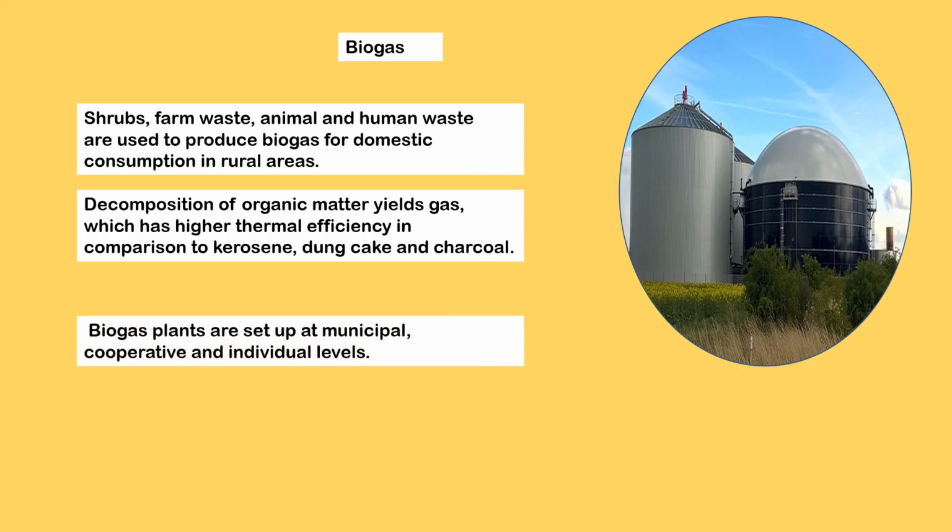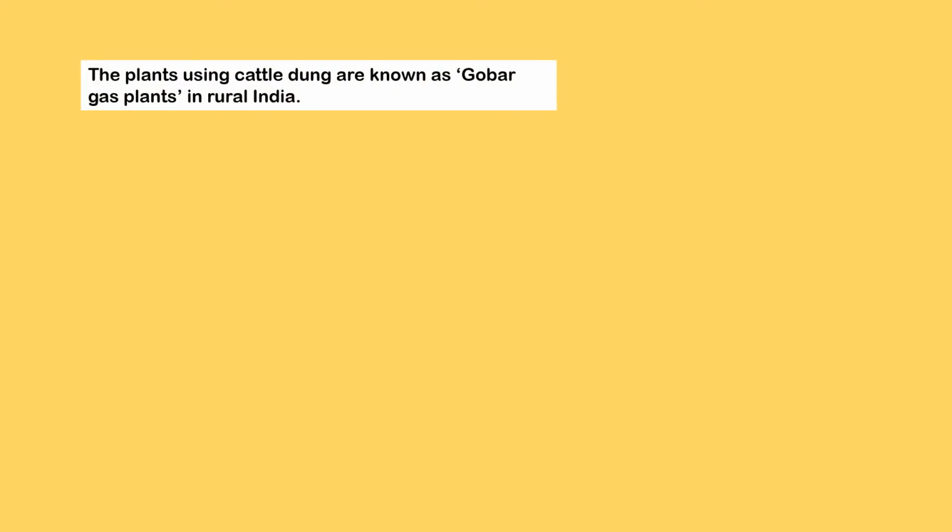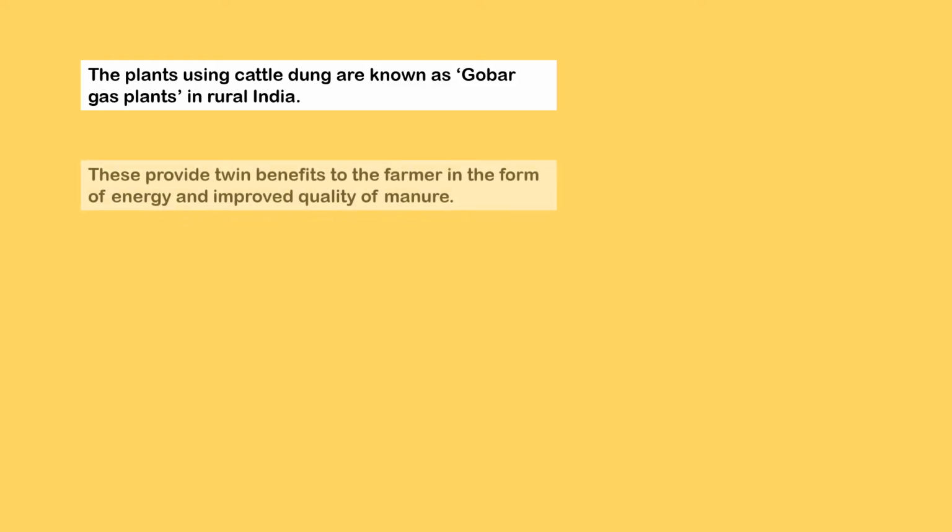Biogas plants are set up at municipal, cooperative, and individual levels also. The plants using cattle dung are known as gobar gas plants in rural India. These provide two benefits to the farmer in the form of energy and also a very high quality of manure.